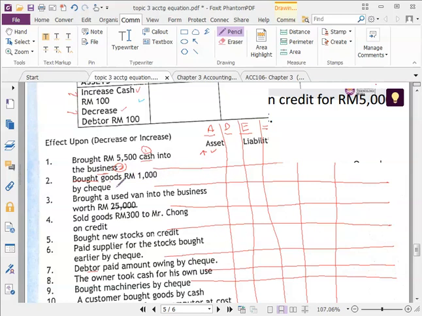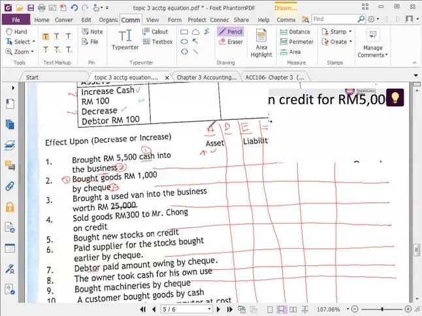So what is the effect? Okay, the first keyword is bought goods or purchases. Please remember, bought goods means purchases. Number 2 is by cheque. The keyword, so that purchases is which element?